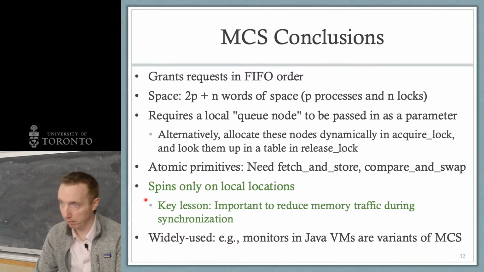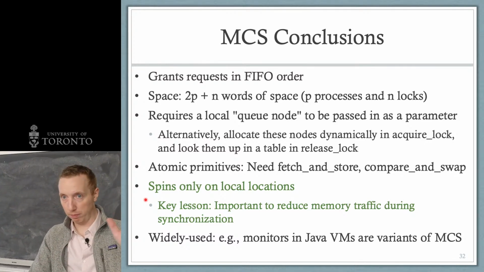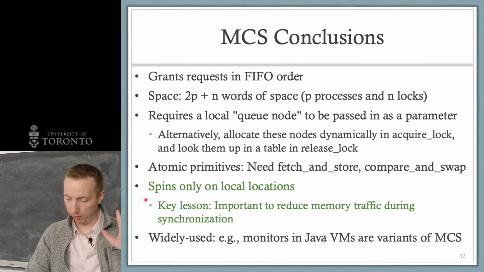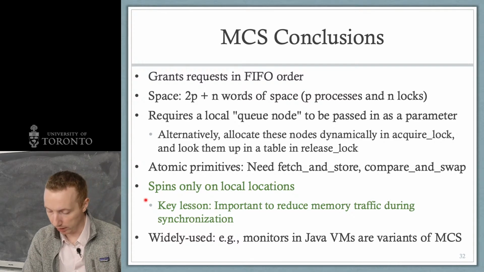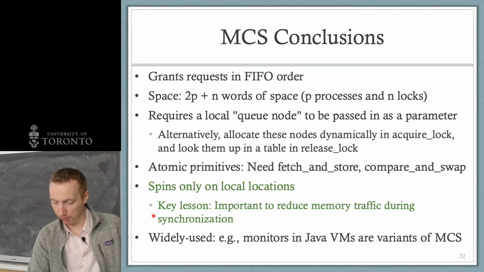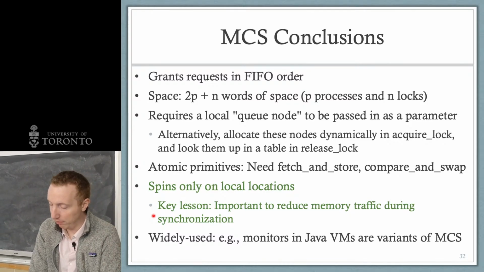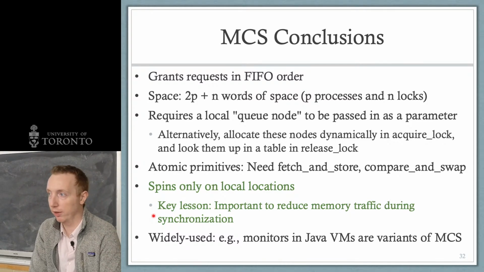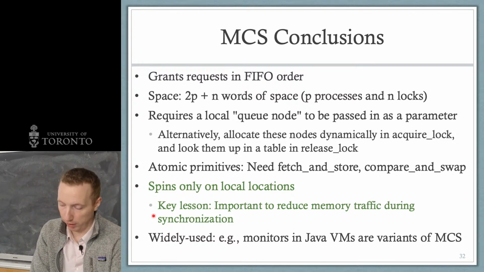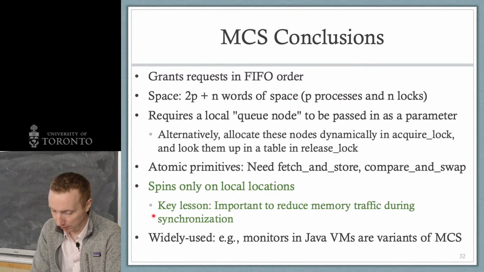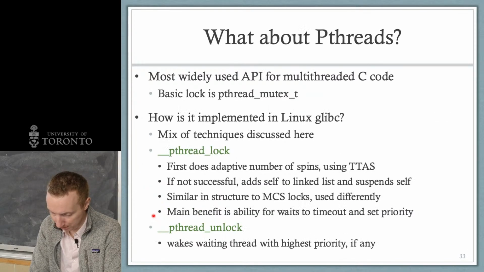Each thread spins on its own memory location, so we don't have any contention or memory traffic issues. So these are used all the time. Monitors in Java are variants of MCS. The Linux kernel uses them all over the place, and their implementation is quite readable too.